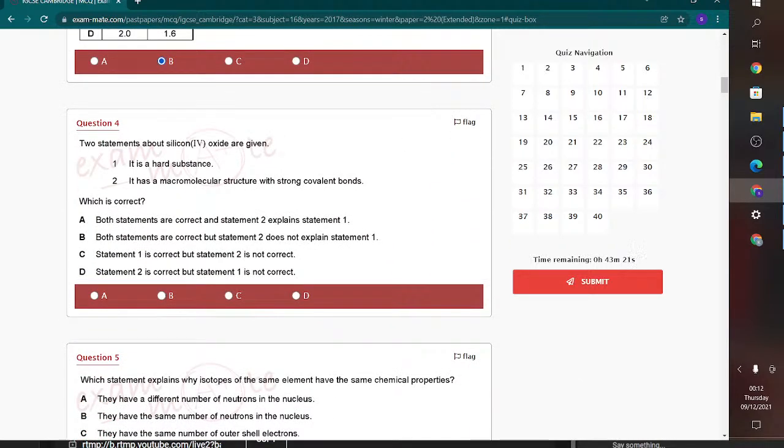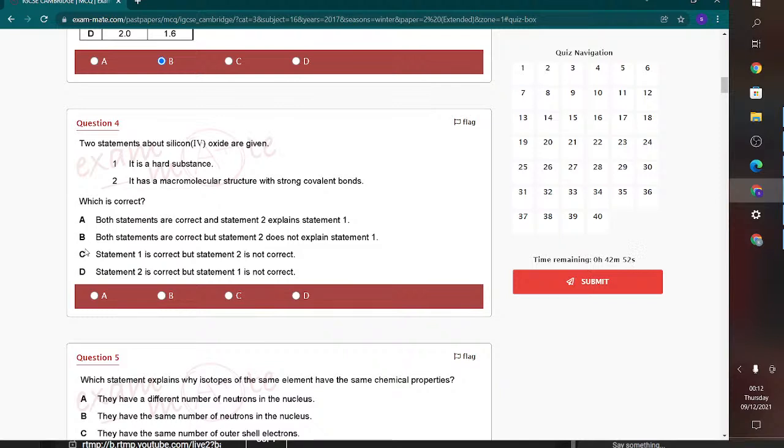Two statements about silicon dioxide are given. It is a hard substance. It has a macromolecular structure with strong covalent bonds. That's true because it has a tetrahedral structure, so statement 2 is correct. So C is not the answer, because it has mentioned statement 2 as incorrect.